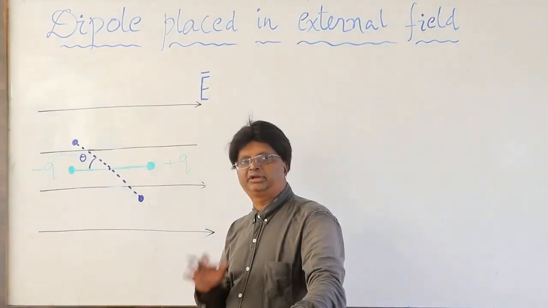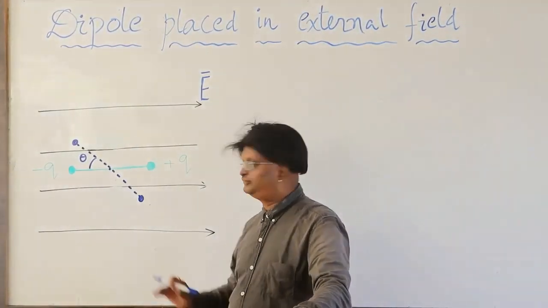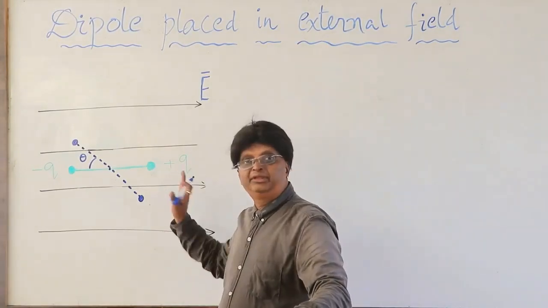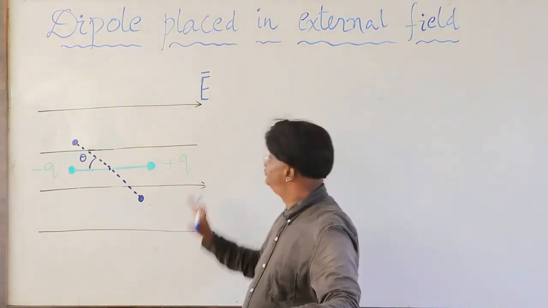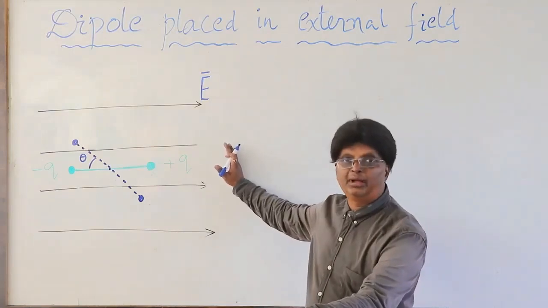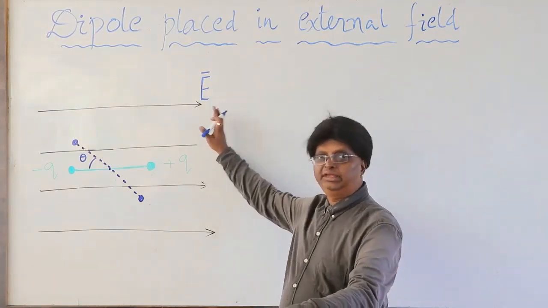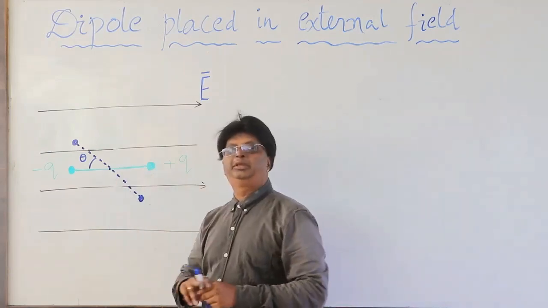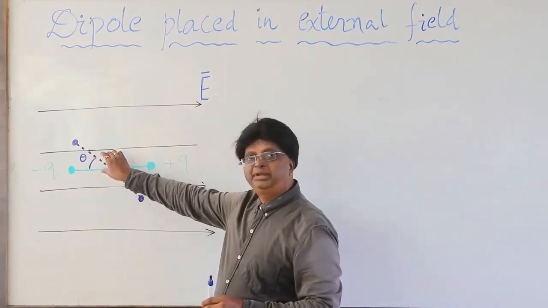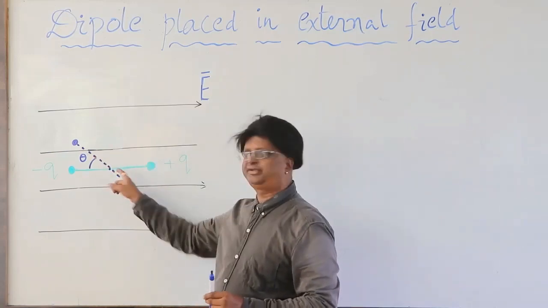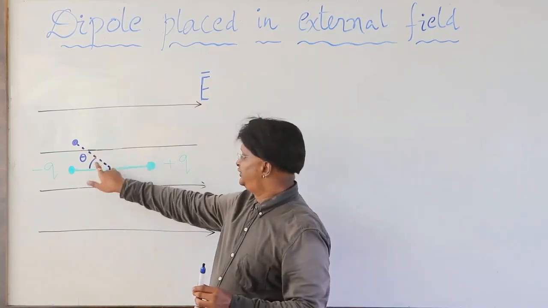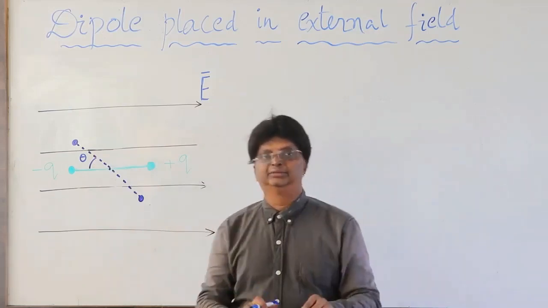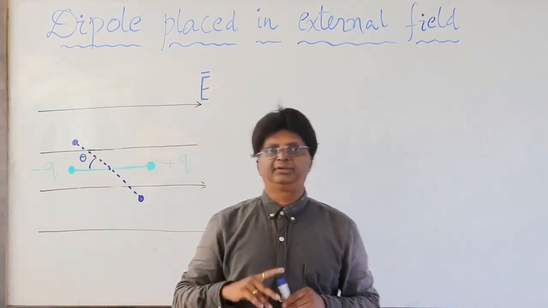Now let us consider a dipole of dipole moment p bar placed in equilibrium position in an external uniform electric field of intensity E bar. So this is the situation. From the equilibrium position, if I simply displace it about its center by an angle theta and then release it, what happens?